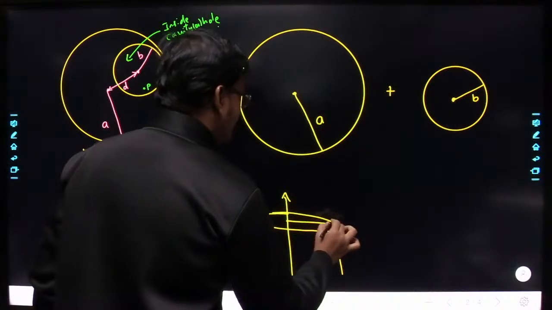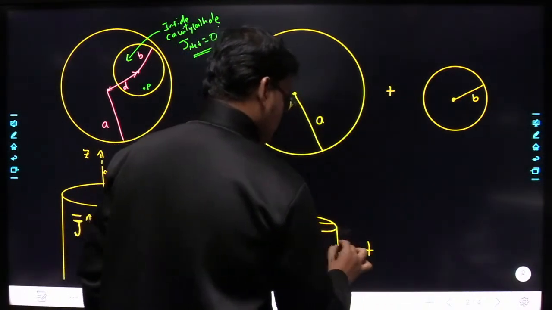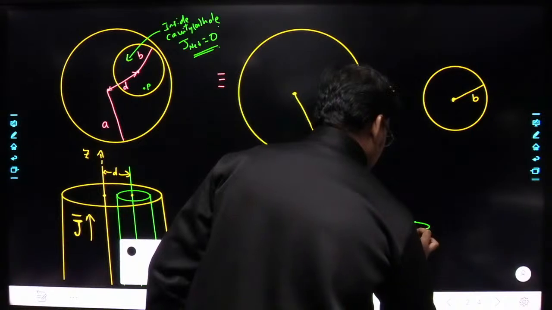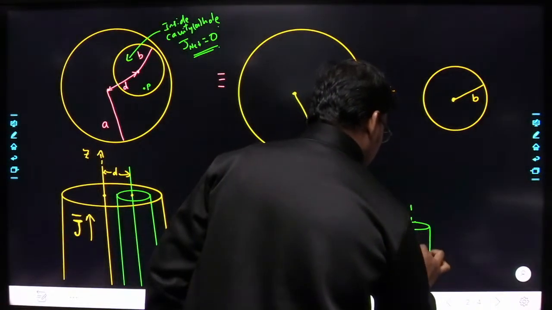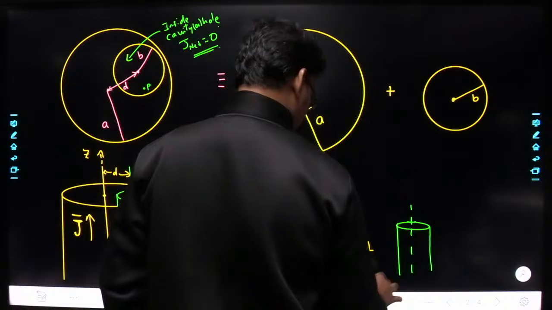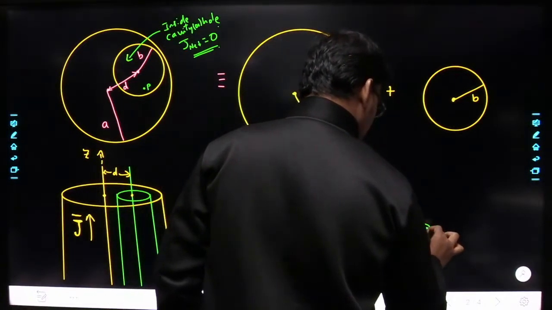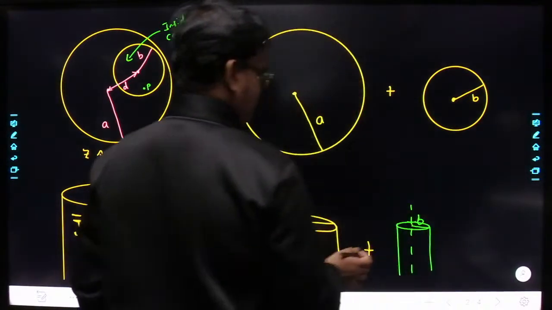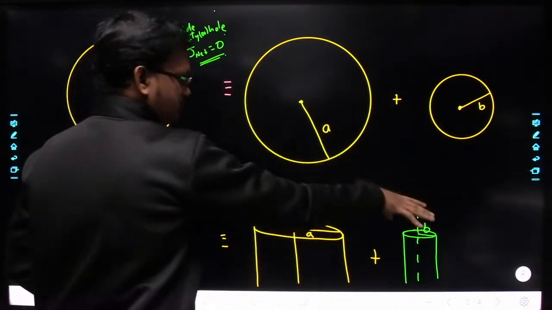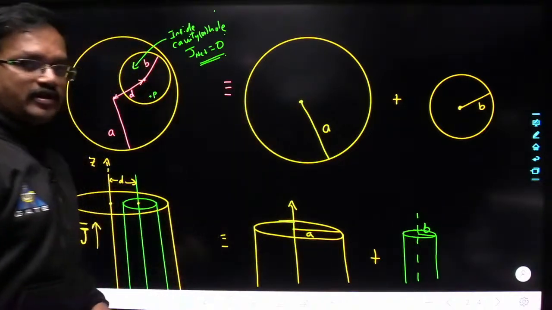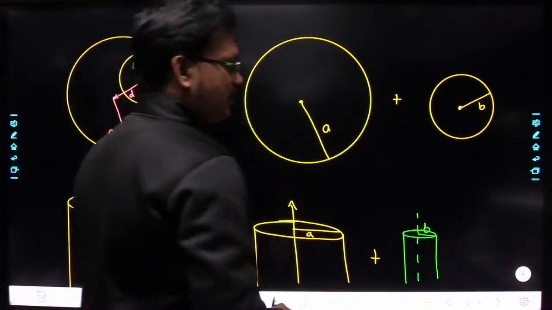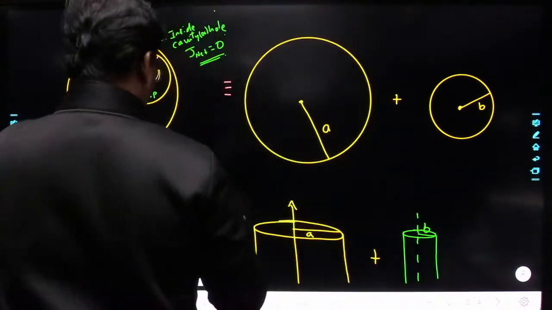Its radius is A. Plus, this cavity I am drawing here, and this radius is B. So I have just represented the top view, that is the cross section of the cylindrical wire. Okay. Now we want to determine the B field at some point P inside the cavity.